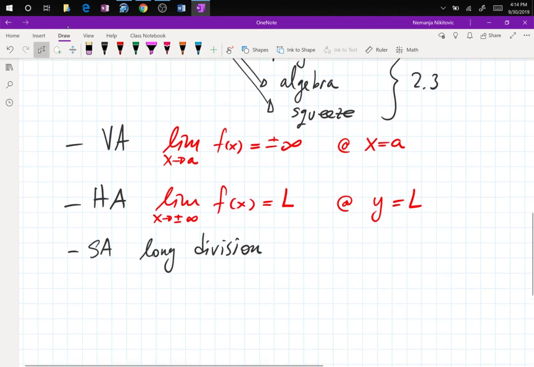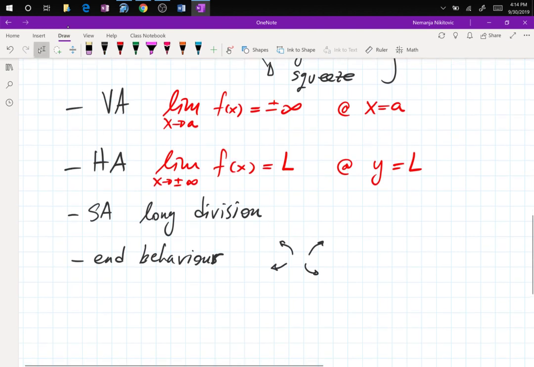And then after these asymptotes, we have the end behavior, which is the graph with the 4 ways it can go. It can be a graph, or it could be just a question. And finally, we have continuity.